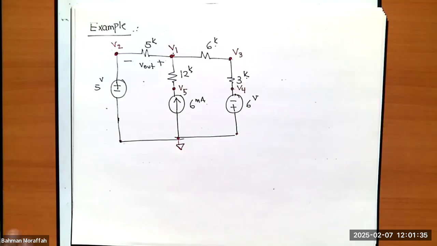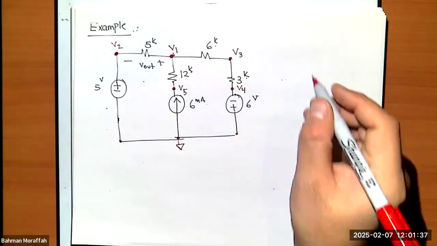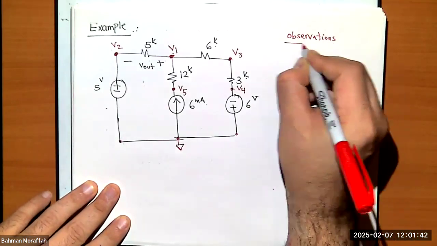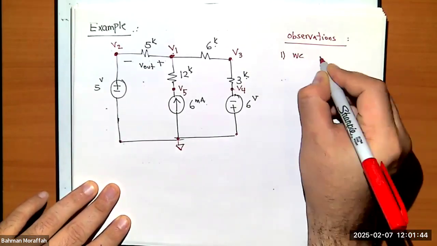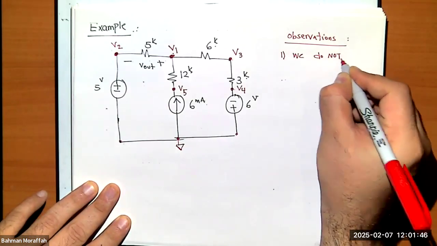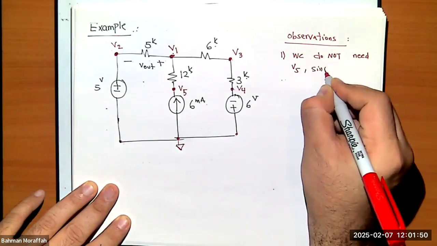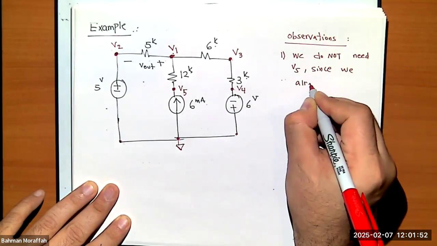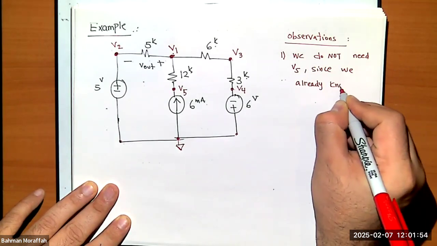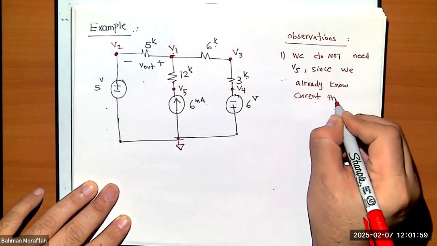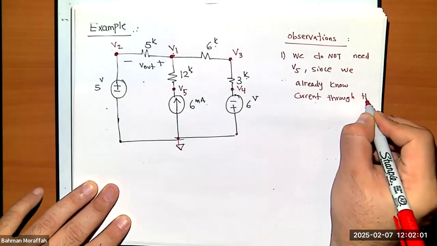So our observations here: we do not need V5 since we already know current through that branch.